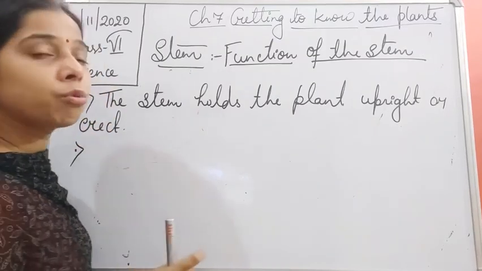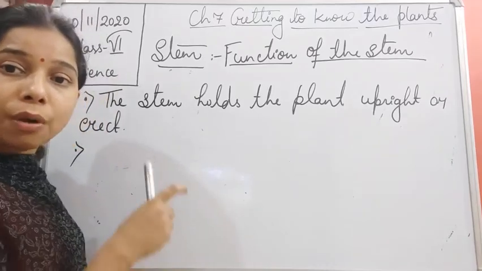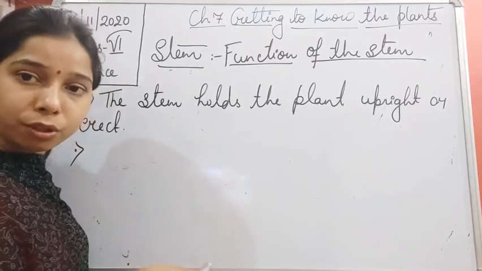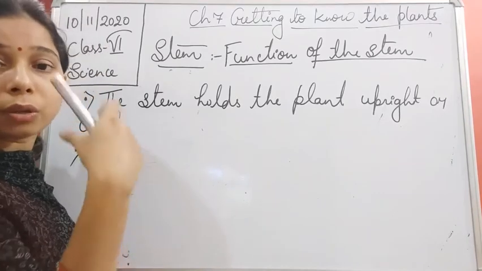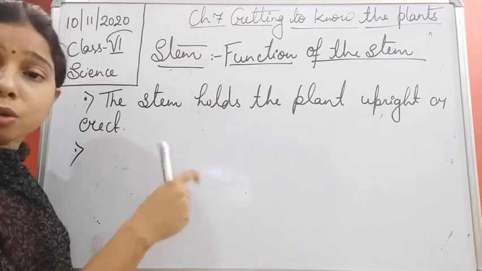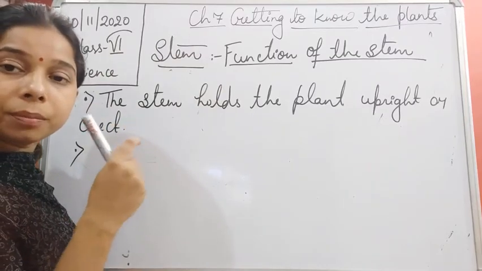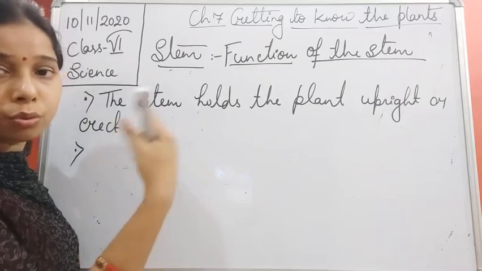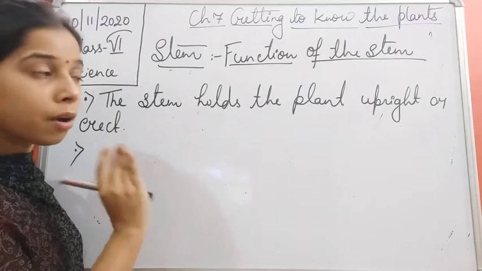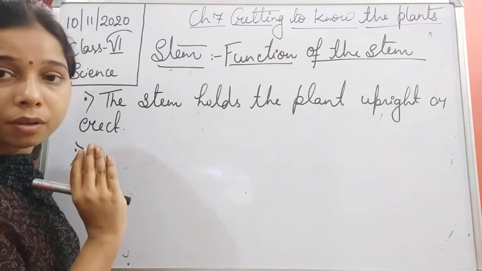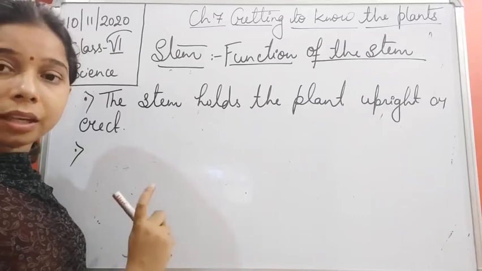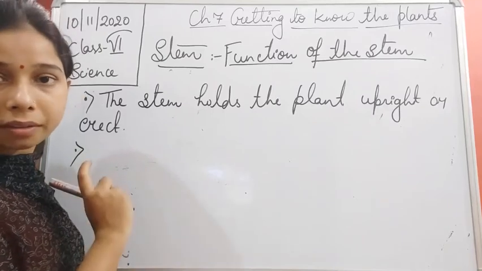So for that, students, the stem takes the water and the minerals from the root and carries them to the leaves. There the process of photosynthesis occurs and food is formed. Now this food is needed by all parts of the plant.